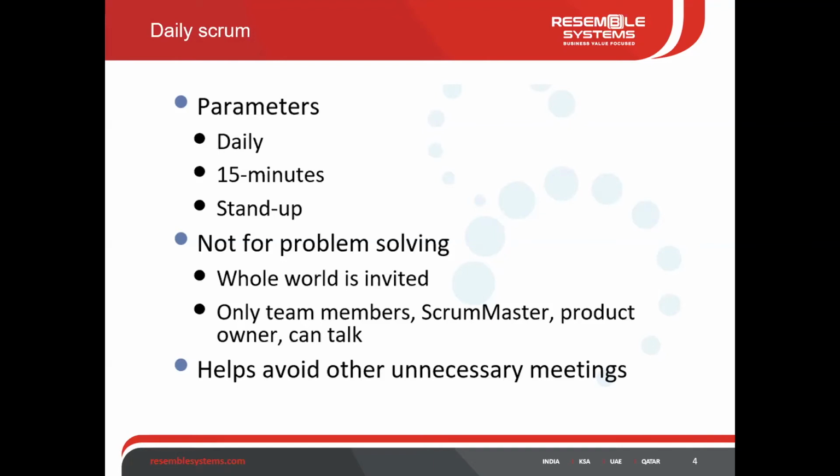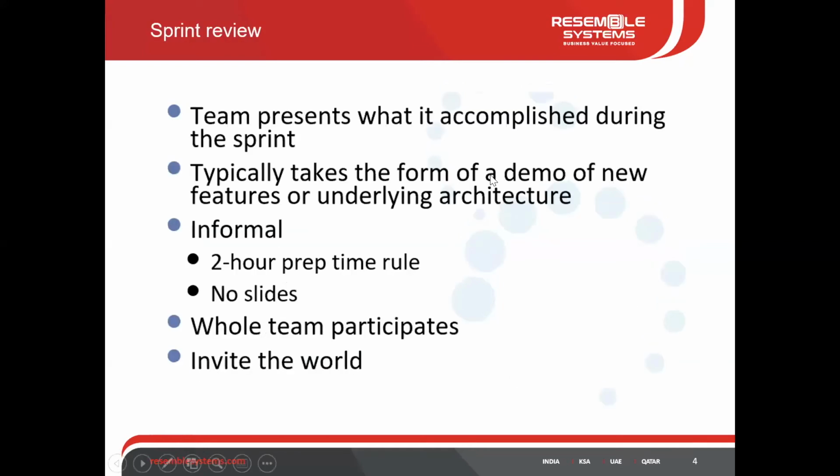Apart from that, psychologically it also gives a boost to all the other team members, and to ourselves, to work on that particular achievement. It also helps us avoid all the unnecessary meetings. So you can have a daily recurring meeting for this daily Scrum. That is related to the daily Scrum.